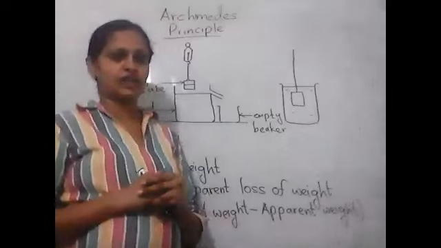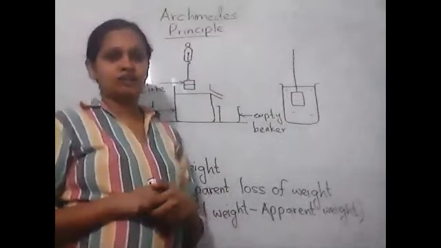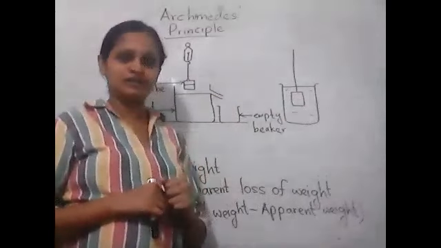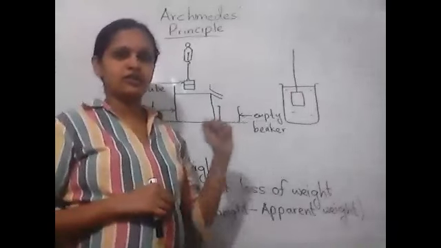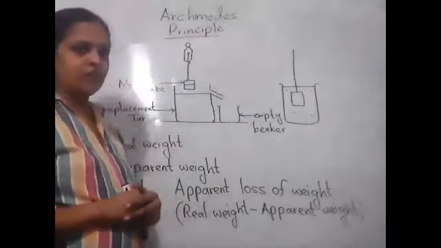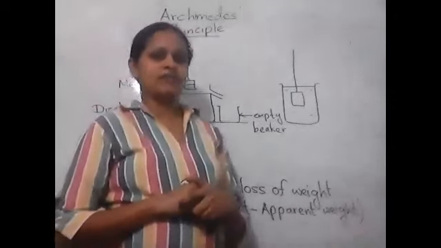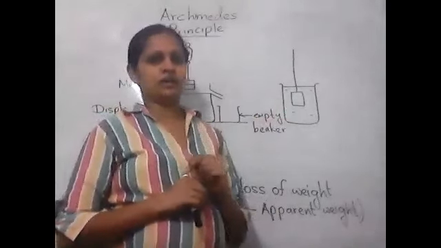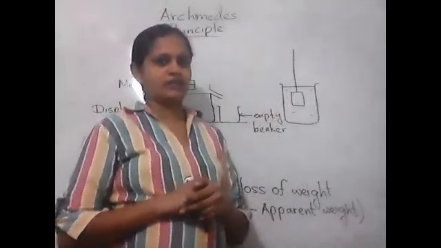When an object is partially or fully submerged in a fluid, here we have used water as the example, we'll see what are the forces acting on the object. According to the equilibrium of forces acting on an object, you should be able to mark the forces acting on this accurately.